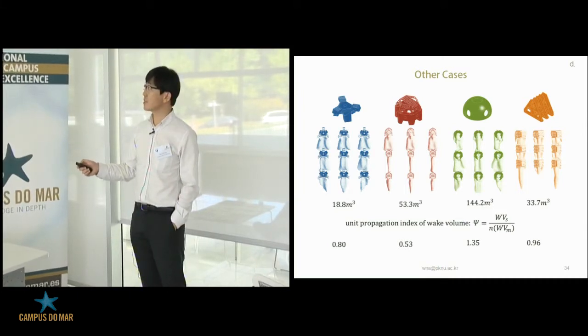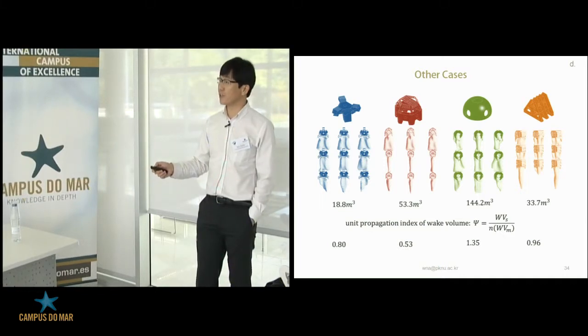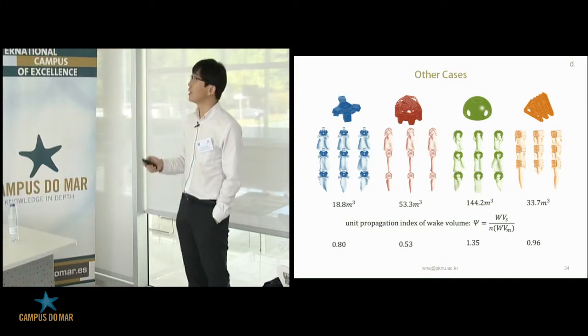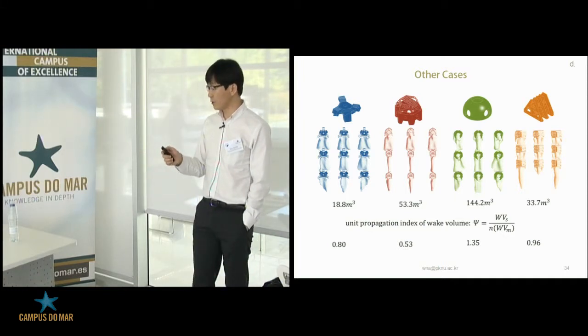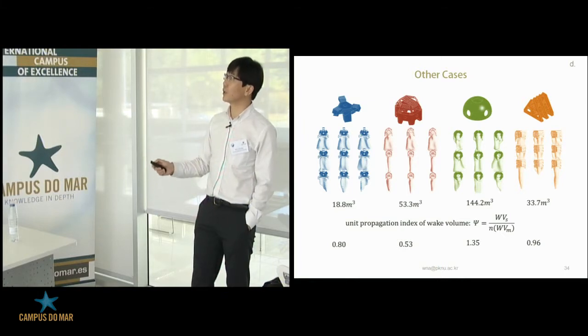With this concept we made the unit propagation index. If this index is very big, then it is very efficient for the replacement model. That's the basic idea. Among these four, this one is 1.35, so this is the better one compared to the others.